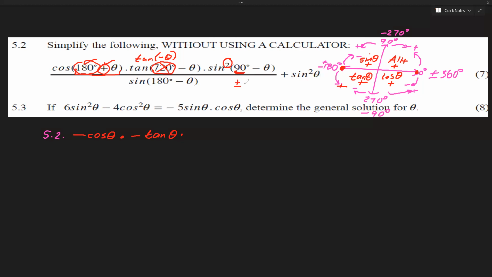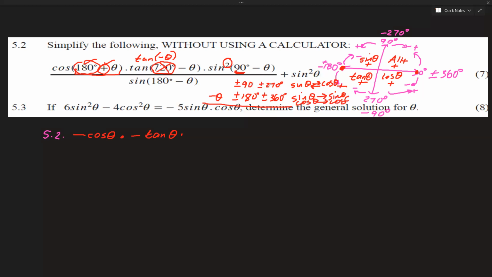If I have plus minus 90, plus minus 270, sine theta becomes cos theta, and vice versa. Then if I have plus minus 180, plus minus 360, and also with negative theta included, sine still remains sine, and cos will also remain cos.